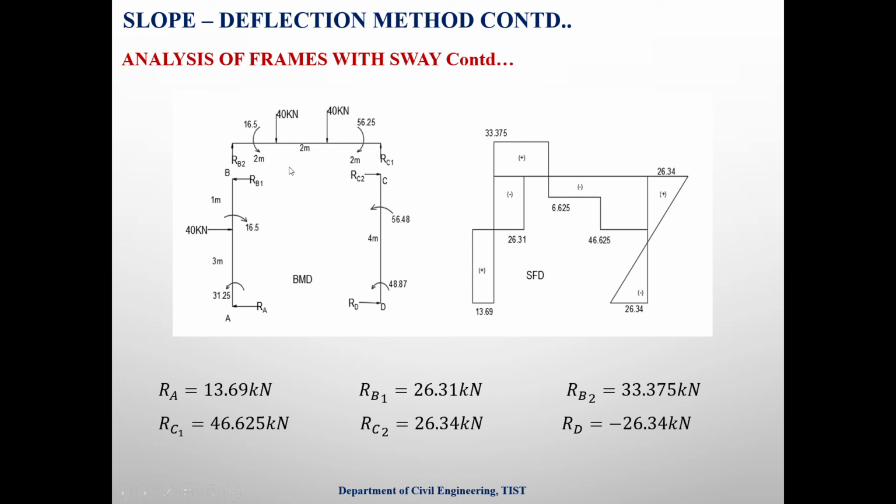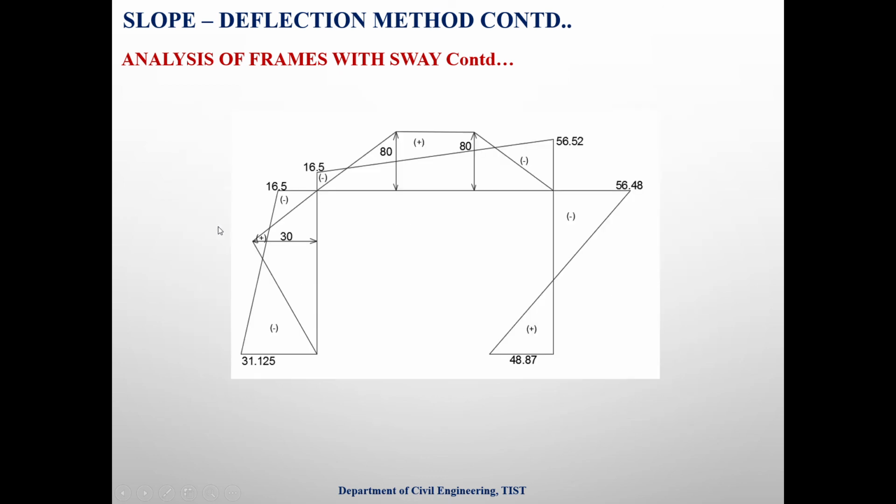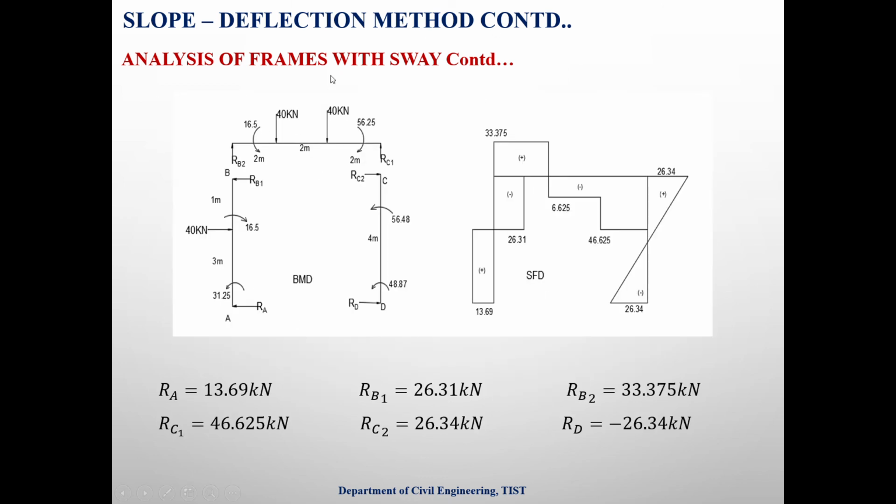Mark all the reactions, all the external loads, and all the support moments we got in the previous step. Then by using the equations of equilibrium, we can find out all the reactions and mark all the forces in the direction given. That is your shear force diagram. That also we discussed in the previous lectures. Thank you.